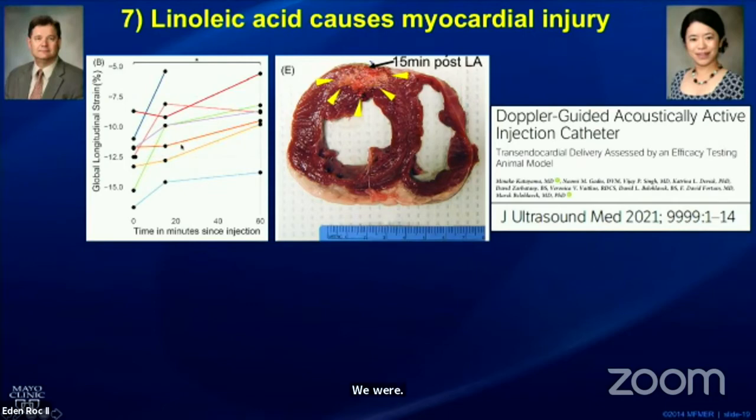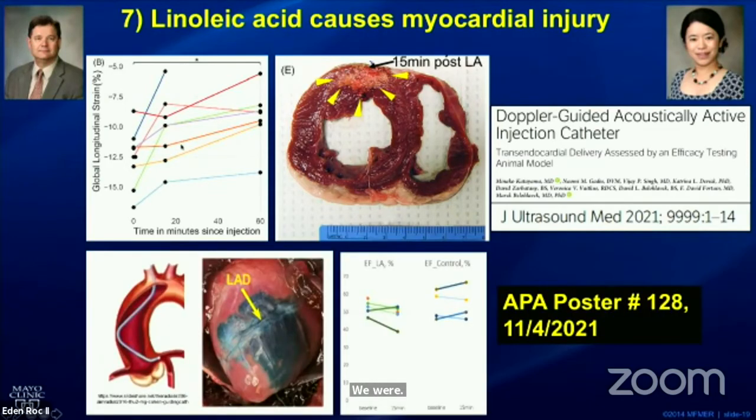We went further, and this was a poster that he presented yesterday, where if we give intracoronary linoleic acid, there is a trend of reduced ejection fraction that we see by infusing that. So there seems to be a direct damage of linoleic acid to the heart with a drop in function and necrosis, which may be relevant to areas beyond pancreatitis.